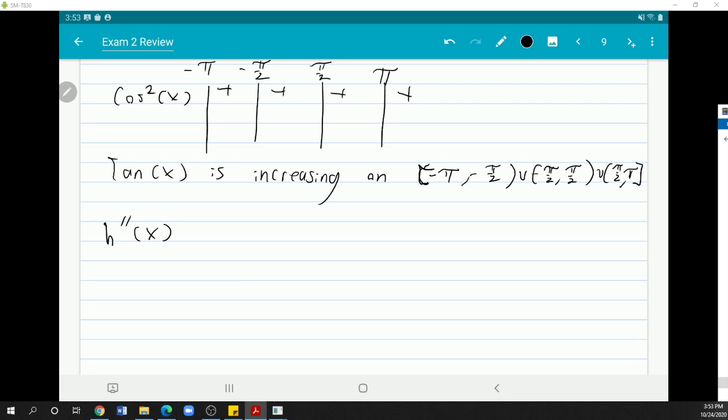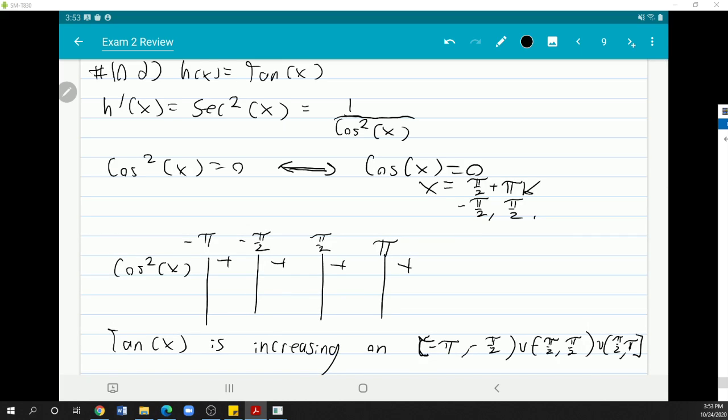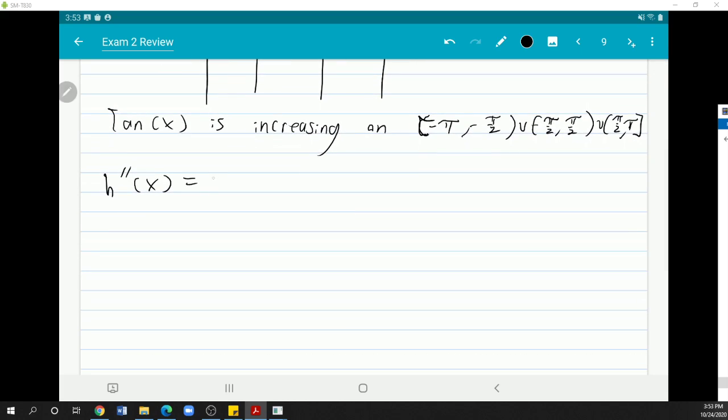h prime prime of x equals, so I had 1 over cosine squared of x. So this is the derivative of, I can call this cosine of x to the minus 2. And the reason I might do that is so that I can do a pretty simple power rule and chain rule.